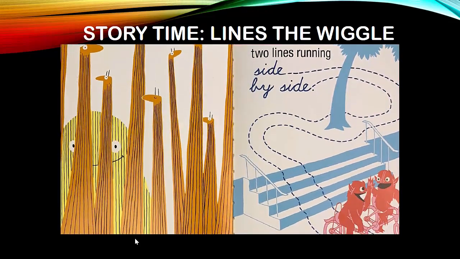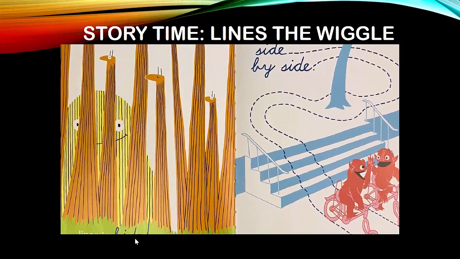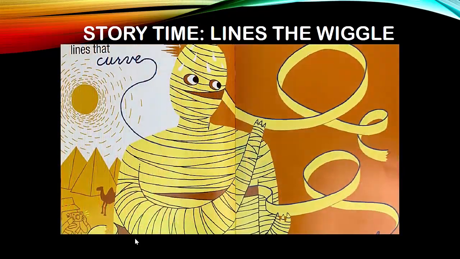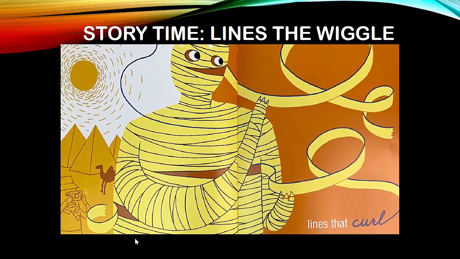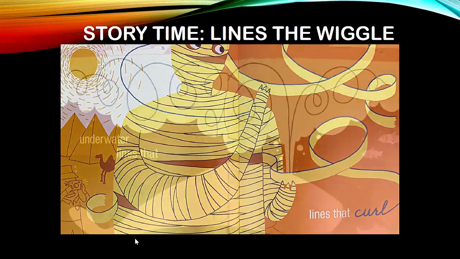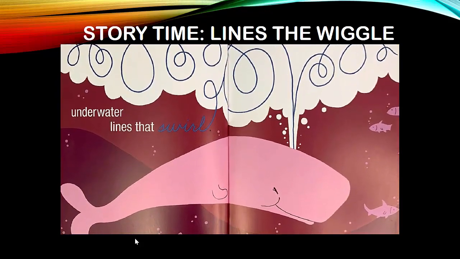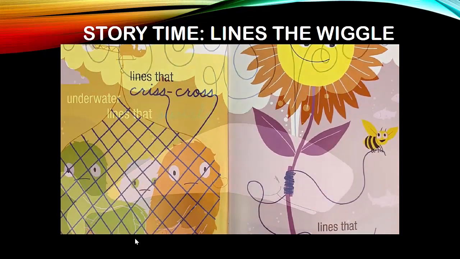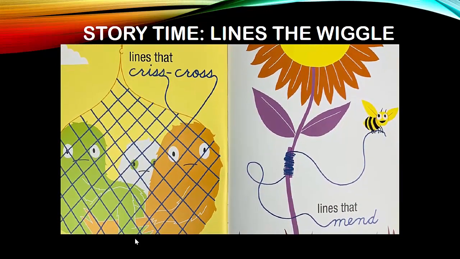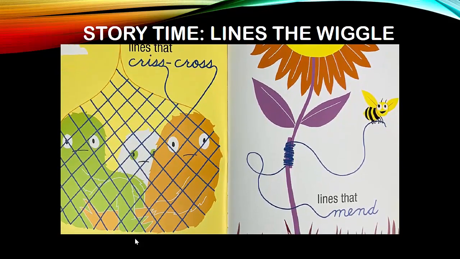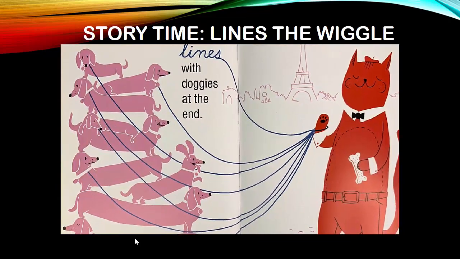Lines to hide. Two lines running side by side. Lines that curve. Lines that curl. Underwater lines that swirl. Lines that crisscross. Lines that mend. Lines with doggies at the end.